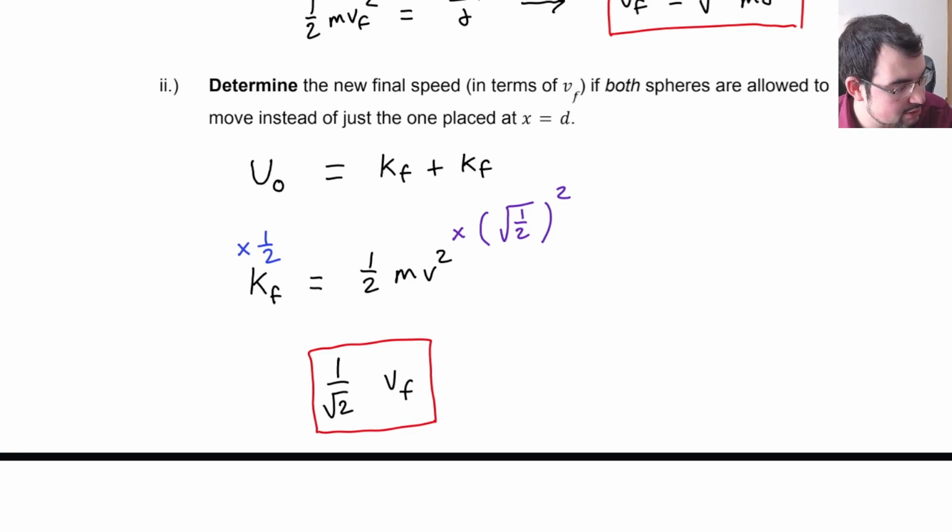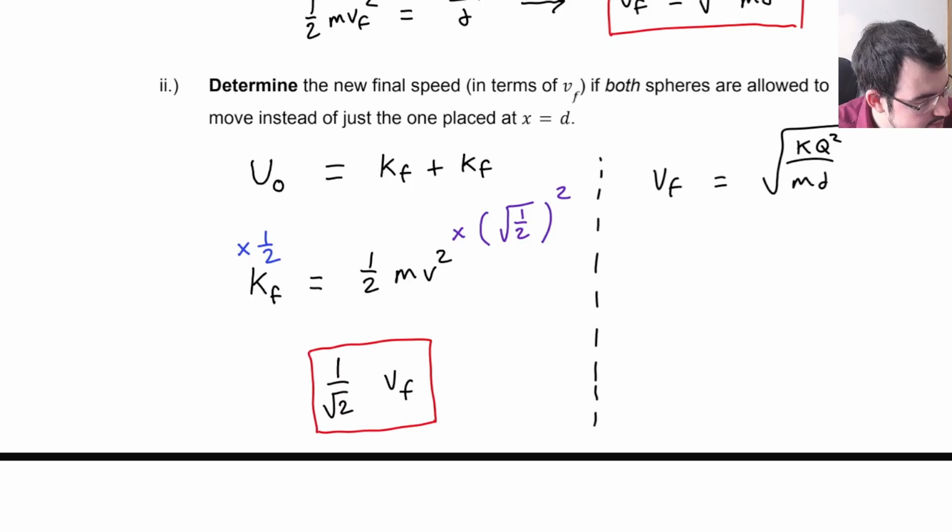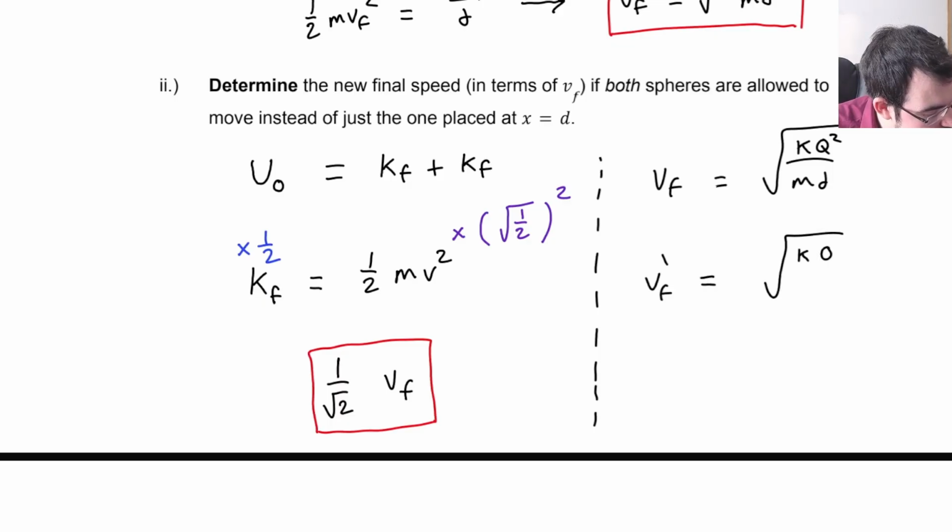This is actually how I'd prefer to do it, which is kind of a sneaky way, but I like it. We derived an expression that Vf was square root kq squared over md. And all we did is we essentially just doubled the mass. That is essentially what we did, is we just doubled the mass that was moving.